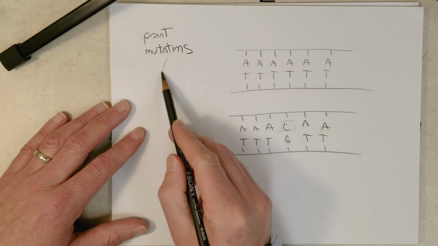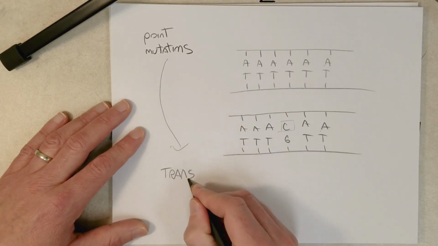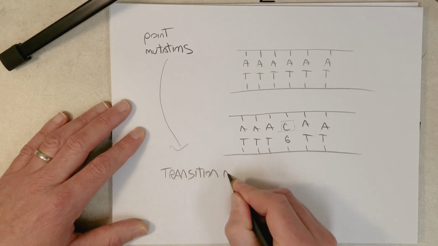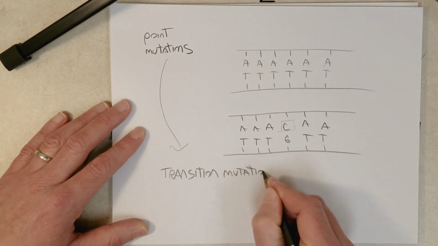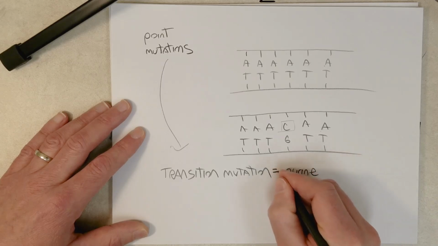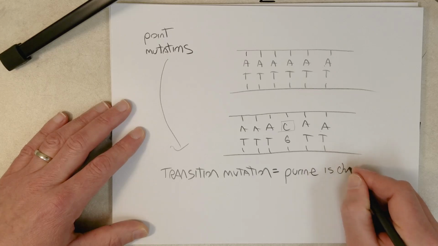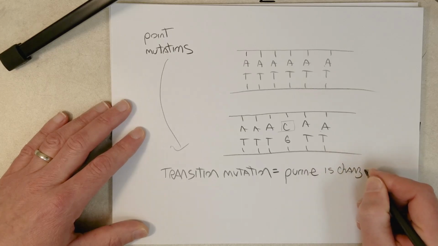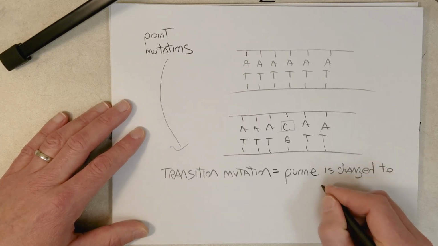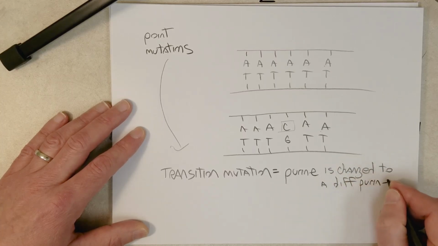Now, point mutations can be classified in certain ways. So a transition mutation is when a purine is changed to a different purine.